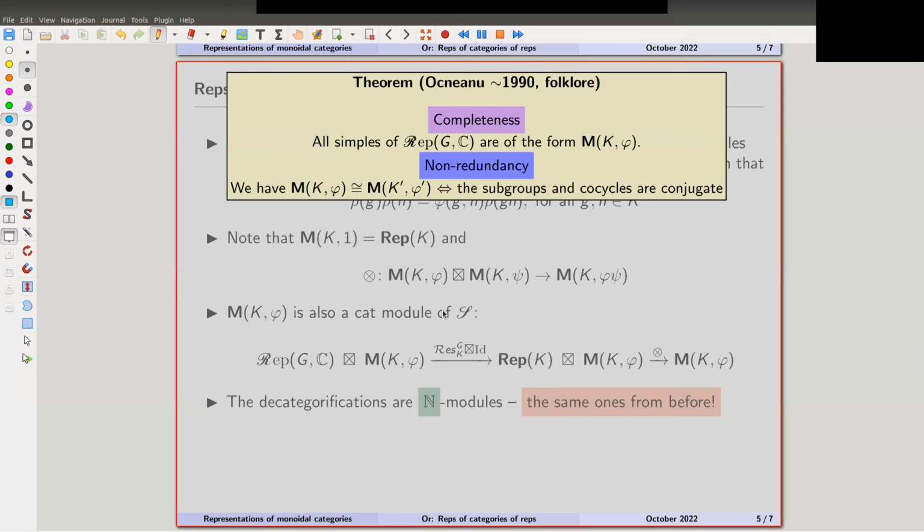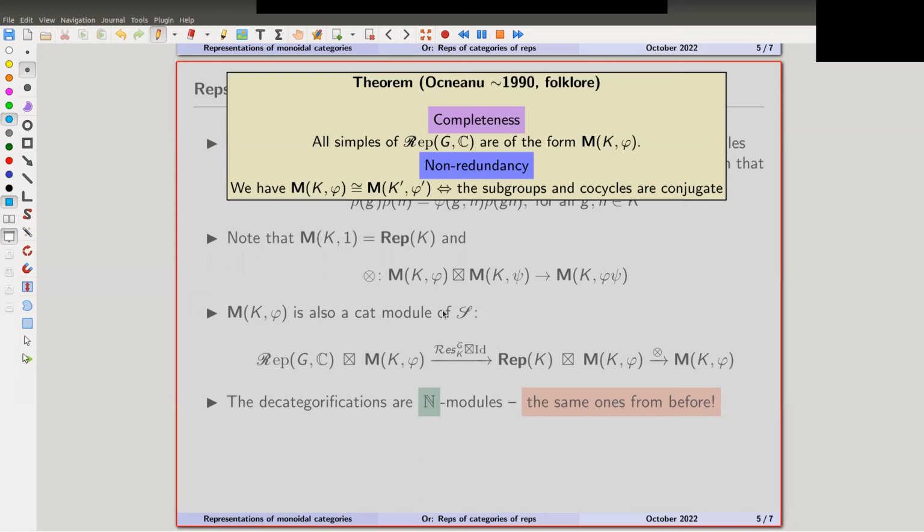They are the same if and only if the subgroups are conjugate, and there's some condition on the cocycles to be conjugate as well. In particular, you can write down a complete list of them for any given group, which is a complete classification in this case. Note that this is actually better than the classification of simple representations of a finite group, or at least very similar.